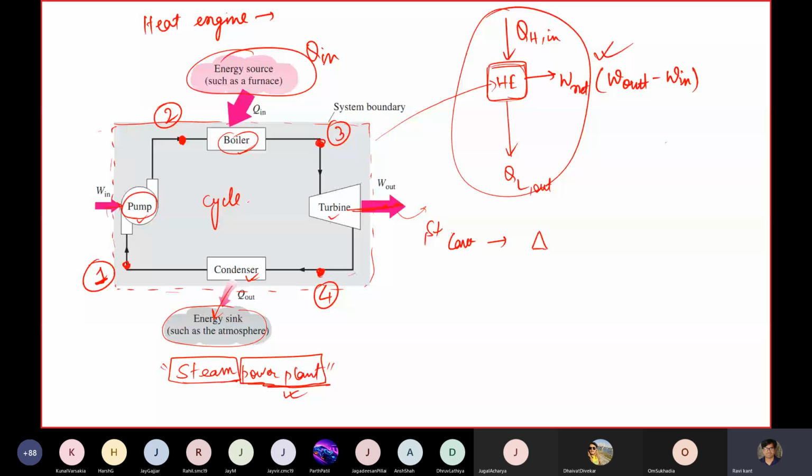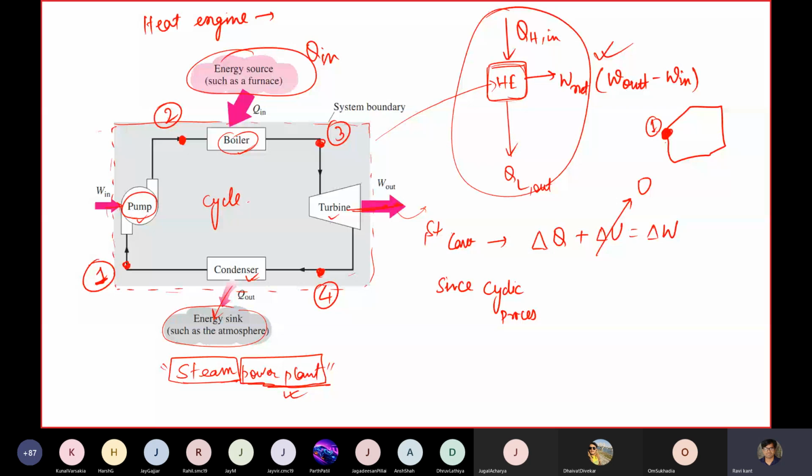Delta Q plus delta U is equal to delta W. Since this is a cyclic process, we are going from one place, doing something, and coming back to the same place, right? So in one cycle, your change in internal energy is basically zero because we are reaching the same state.